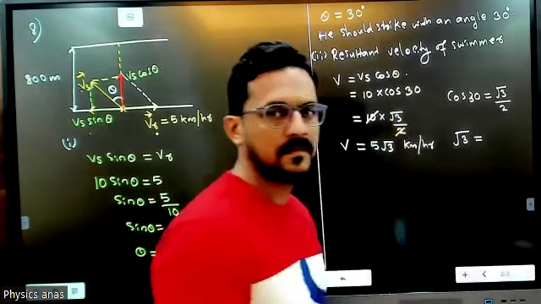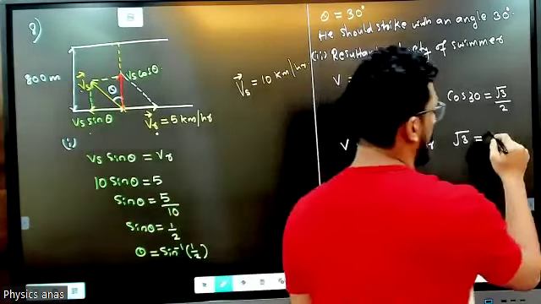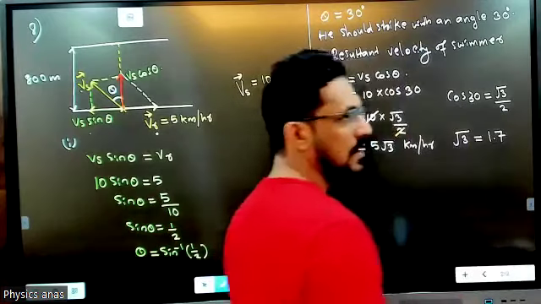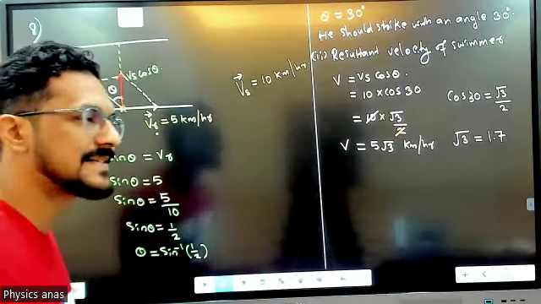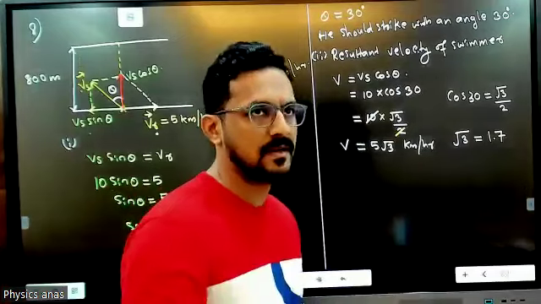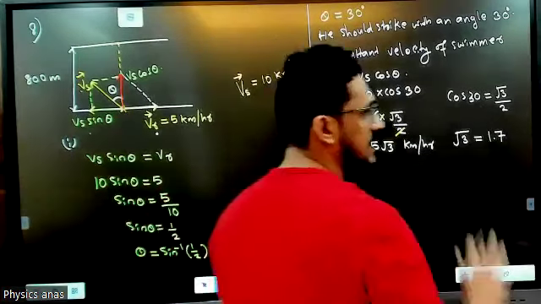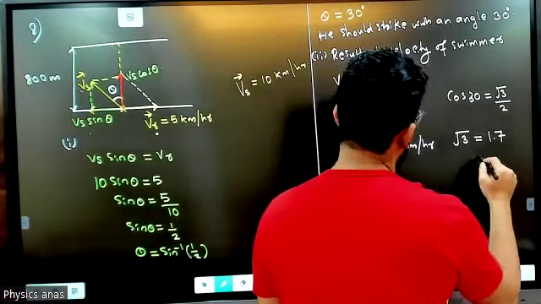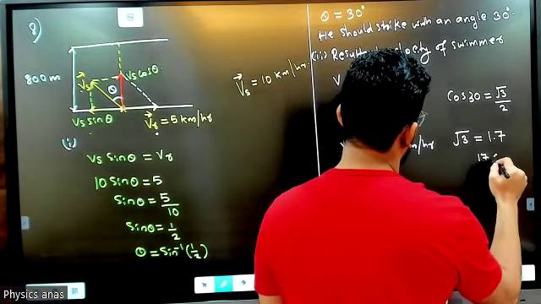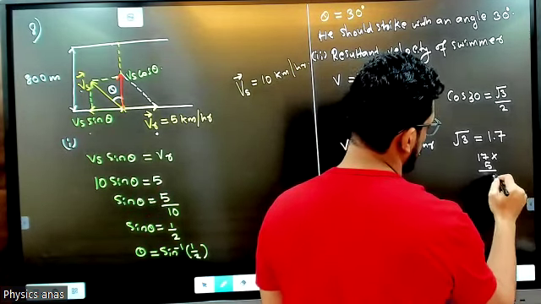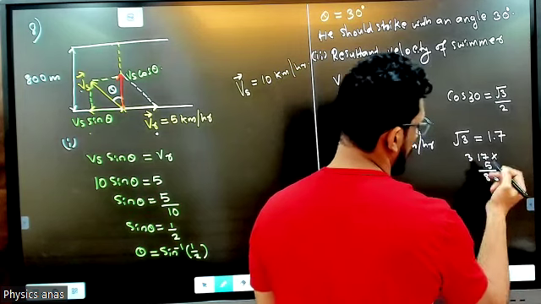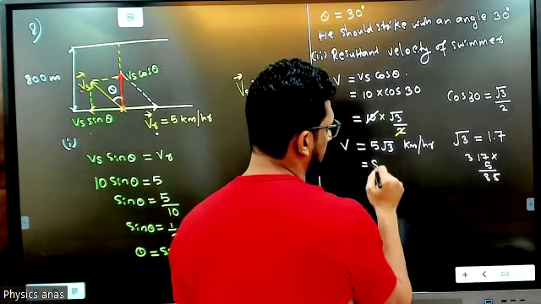Root 3 is roughly 1.7, 1.707 to be exact. I can take it as 1.7. Then what is 1.7 into 5? That will be 8.5.